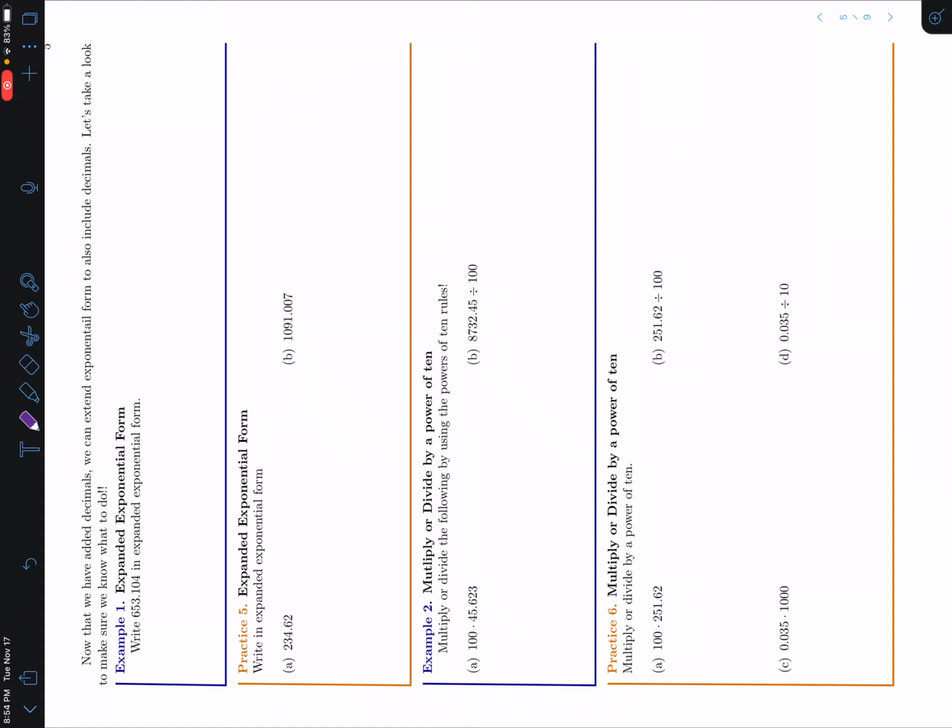All right, so the goal at this point is we want to write this decimal number in expanded exponential form. We've done this for whole numbers. We haven't done it for decimals yet, but it's the same idea. So what I'm going to do first is break this apart into this form first.